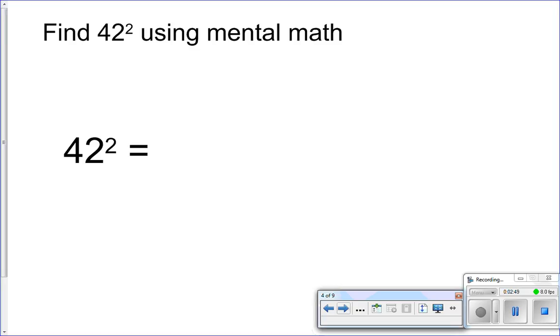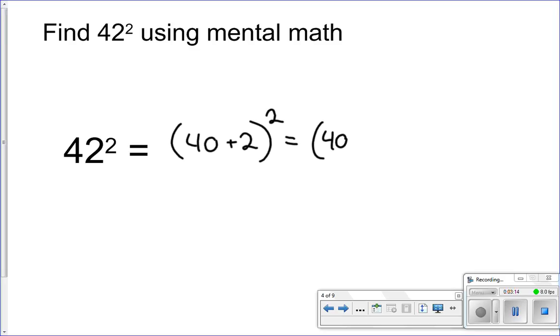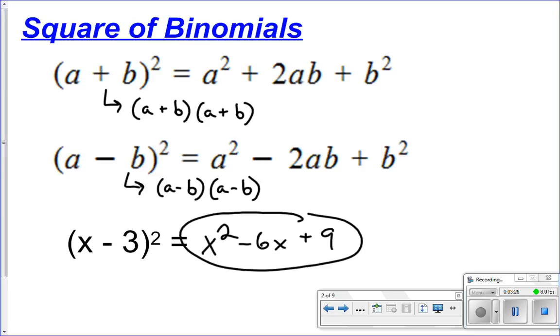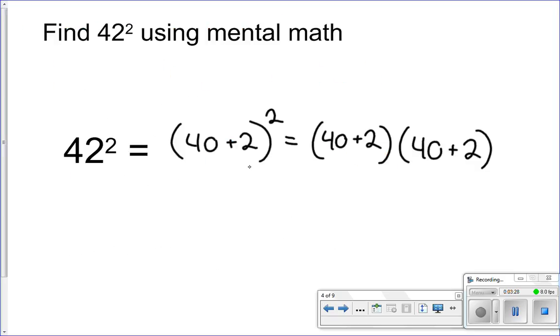Alright, so now let's say we need to find the square of a number that is really big and we don't know it off the top of our head. For example, 42. We can do this not necessarily by doing mental math, but by writing it out as 40 plus 2 squared, because 40 plus 2 is 42. Or I can write this as 40 plus 2 times 40 plus 2. So you could use the formula, the square of a binomial a plus b squared for this one, or you could work it out.